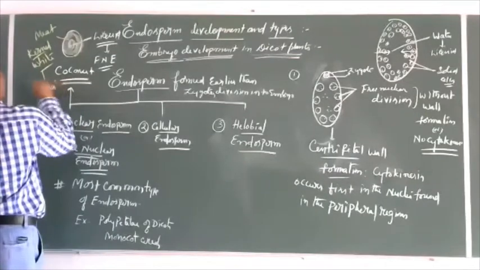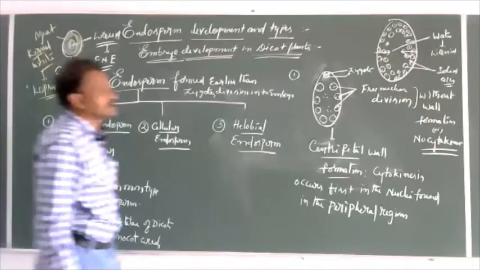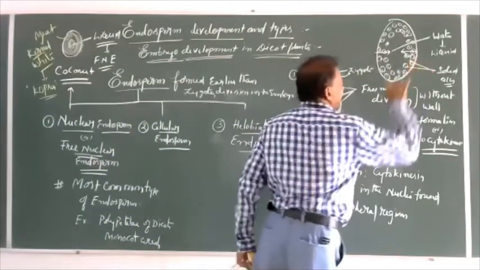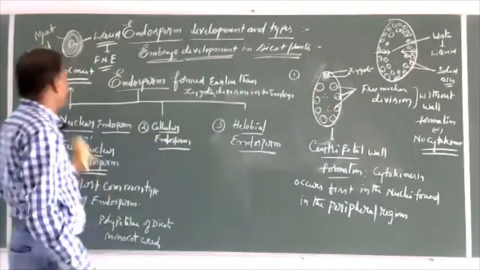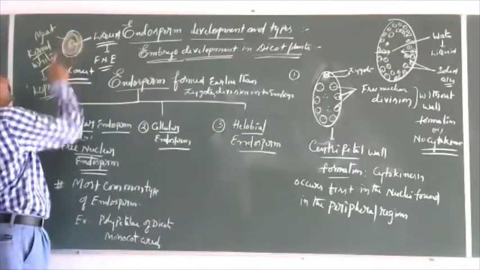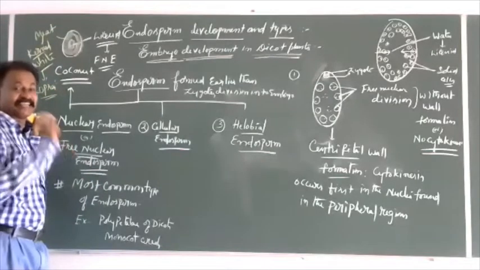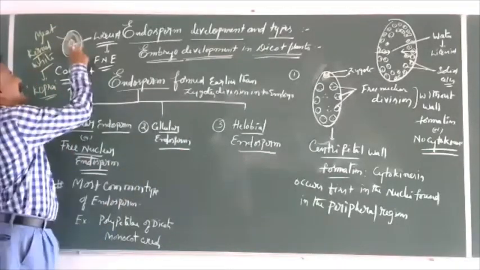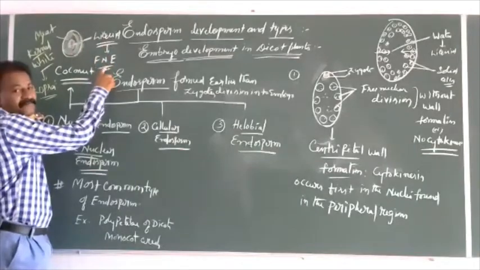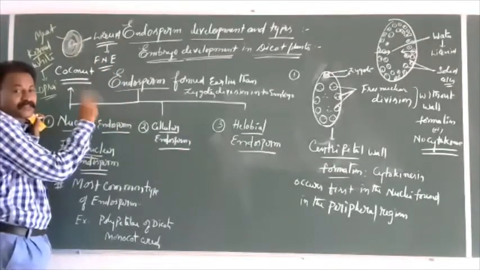This copra is called cellular endosperm. So cell walls are formed here, white kernel, copra, edible. It is not liquid, it is solid. Whereas in the center, liquid, free nuclear endosperm. So two types of endosperms are present in the same coconut.